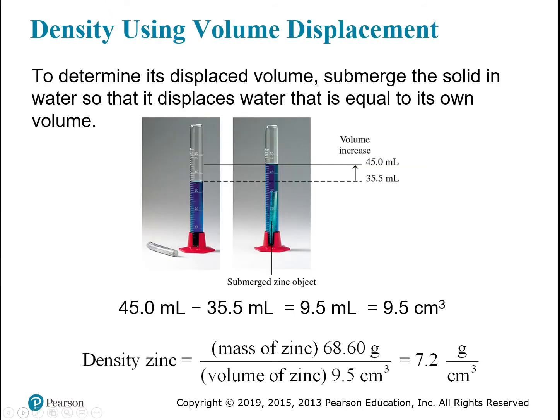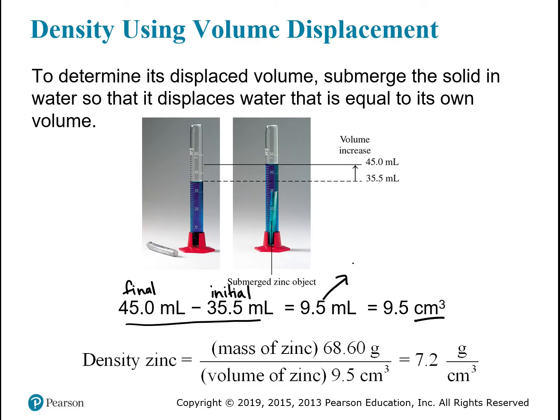This is just showing you the math. We talked about the concept, right? You have your initial amount of water, or whatever other liquid you're using. You put your solid in, the volume of the water increases, you read that volume. You take the difference between the two, right? So this was our final volume. This was our initial volume. The difference is 9.5 milliliters, which is the same thing as centimeters cubed.